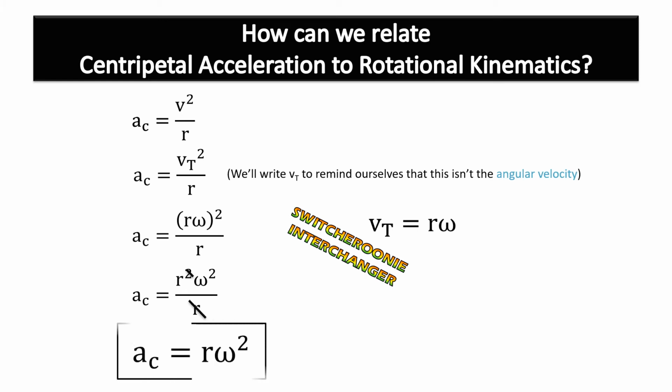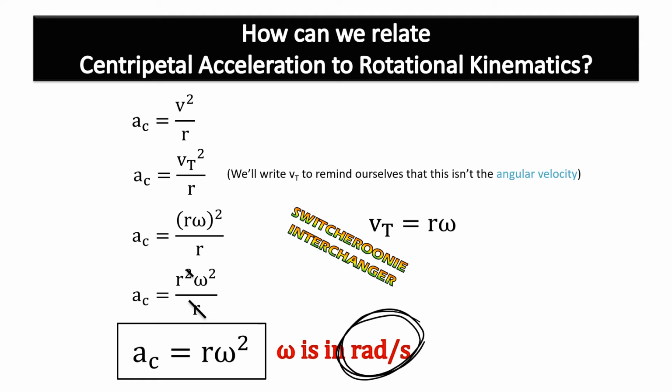Nice. So the centripetal acceleration is equal to r times your angular velocity squared. Now remember, this needs to be in radians per second because we used this switcheroonie when we derived this formula. So this also needs to be in radians per second.